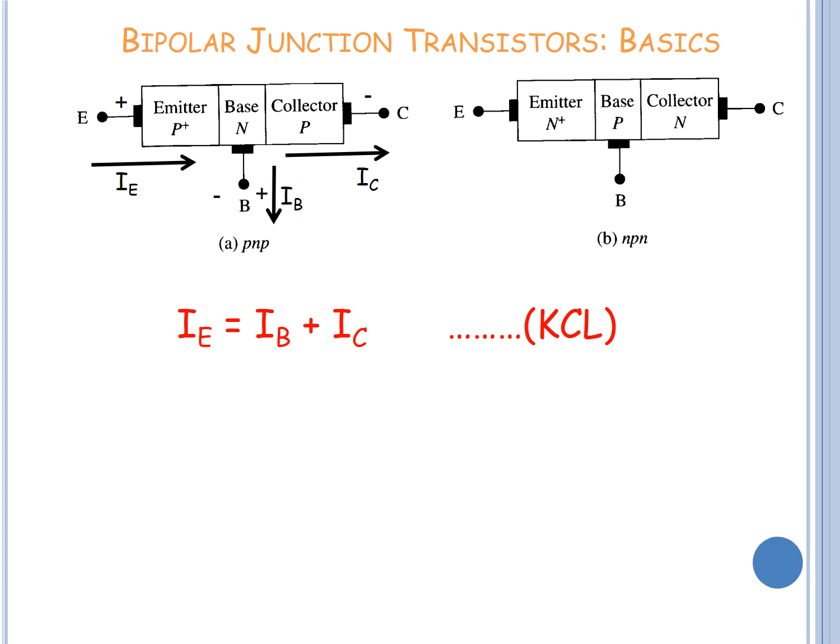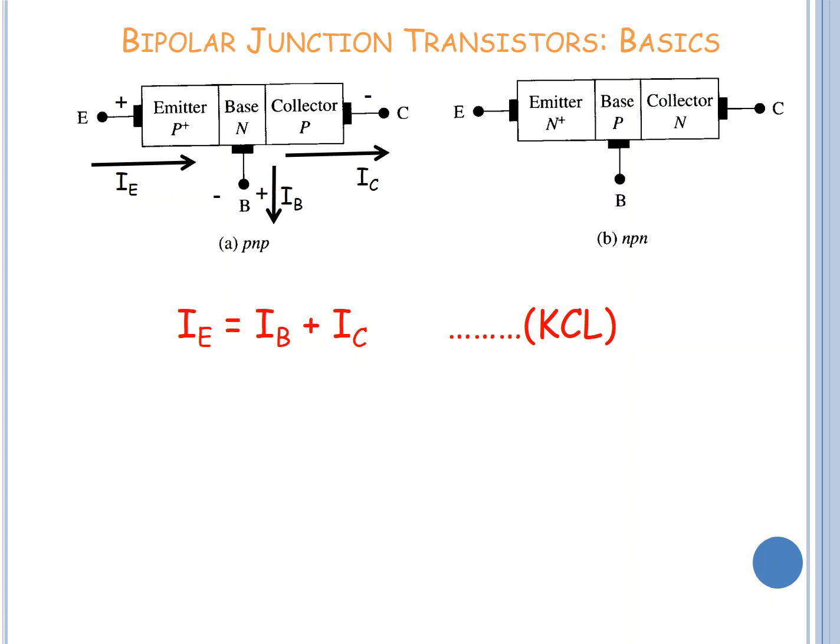In a PNP transistor, holes will move from the emitter to the base, in the direction shown in figure A. Emitter current is into the junction, a very little current flows through the base, and the other holes are collected at the collector. And in an NPN transistor, the direction of the current will be reversed, because in an NPN transistor the current will be due to the electrons.